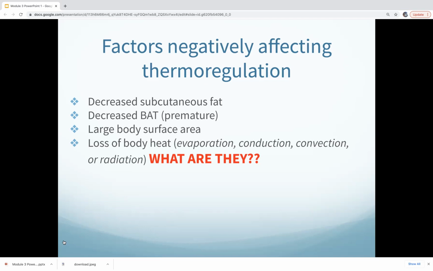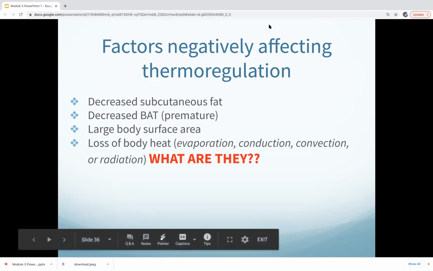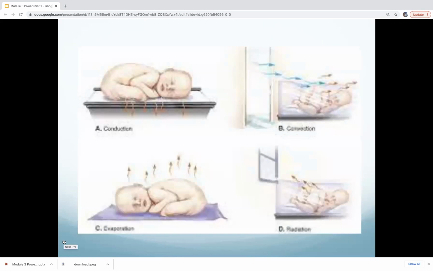So if you want, pause this recording, because this is what I would do in class. Pause this recording and write down those 4 things: evaporation, conduction, convection, and radiation. And jot down in your notes what you think they are. So this is just a blurred version.